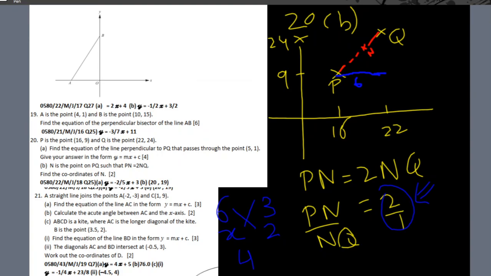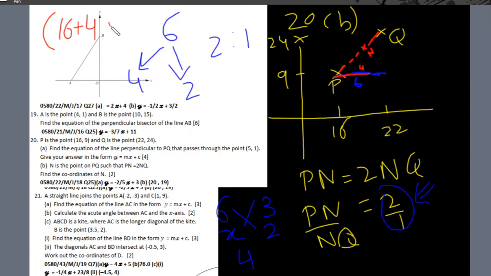That means 6 can be split into 4 and 2 if I divide it in ratio 2 to 1. So from P to N it will have 4 parts, and from N to Q another 2 parts. So the x coordinate of N becomes 16 plus 4. Then we'll check the y coordinate.